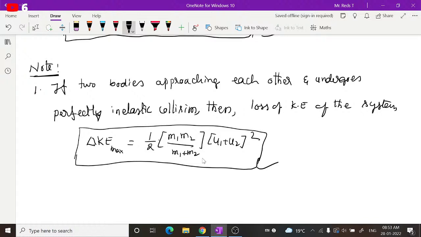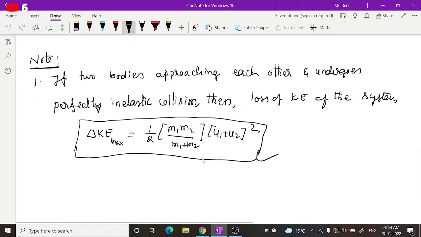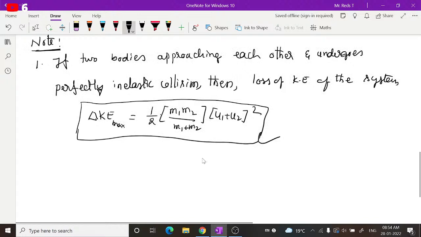Write down: if two bodies collide inelastically, then the velocities after collision are given by, not perfectly inelastically, just partially inelastically, so you will simply say inelastically.